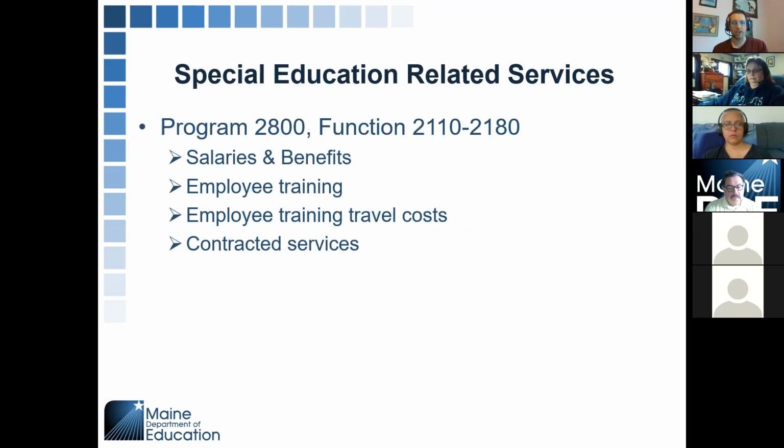I'm not going to suggest whether those are needed services, but what I'm going to say is they're not services that are picked up within the model. And so again, just like instruction: salary and benefits, employee training, travel costs, and contracted services.